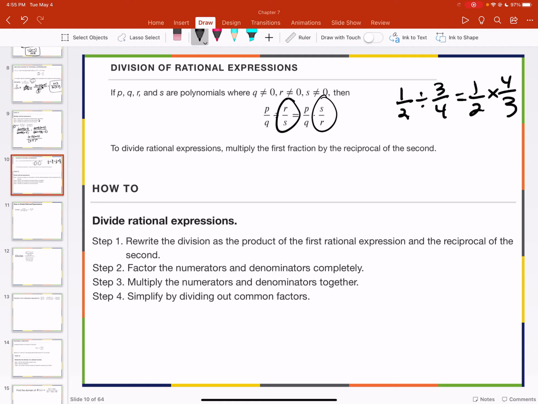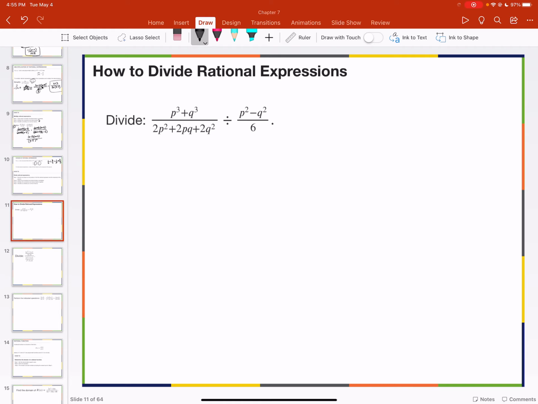So if we have something like that, let's say we have here p cubed plus q cubed divided by this crazy thing. And then we can multiply. We need to flip this and change it to a multiplication, and factor, of course.